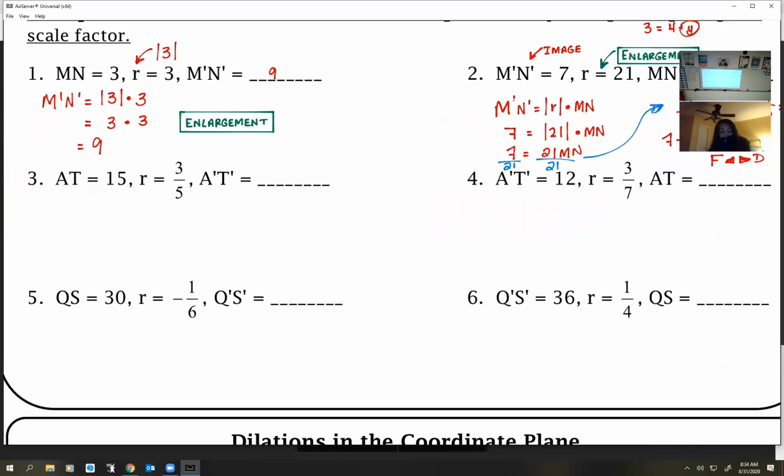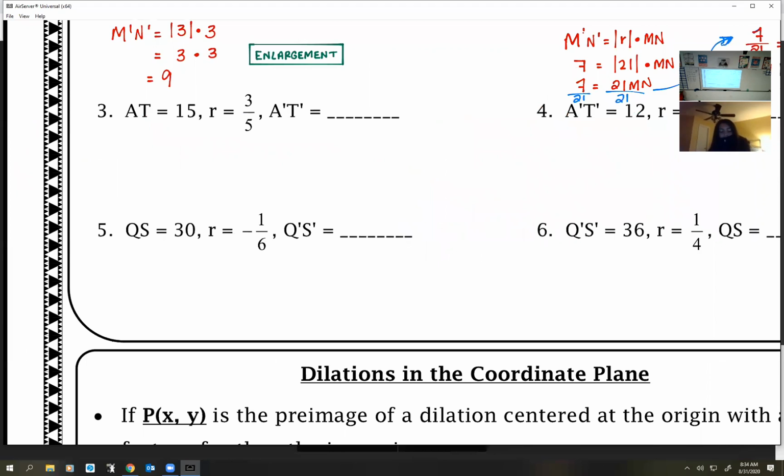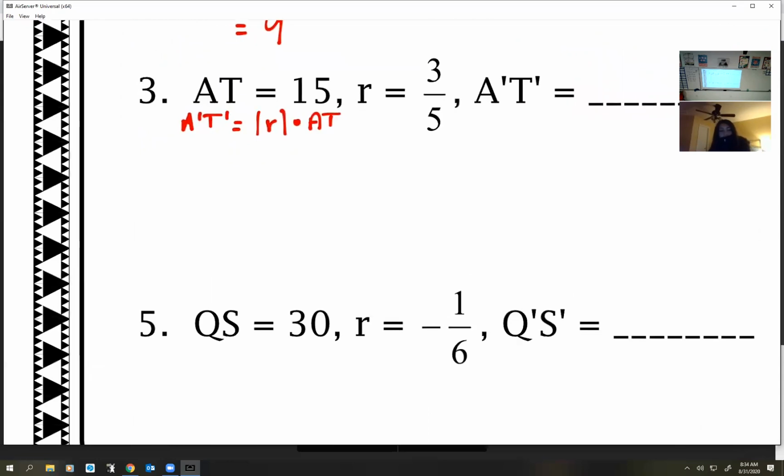All right, let's do one more. It says AT equals 15. R is 3/5. What is A prime T prime? So I know my answer is going to be the absolute value of R times our preimage. Plug in what we know. What do we know?